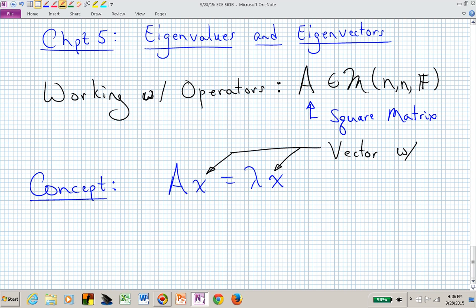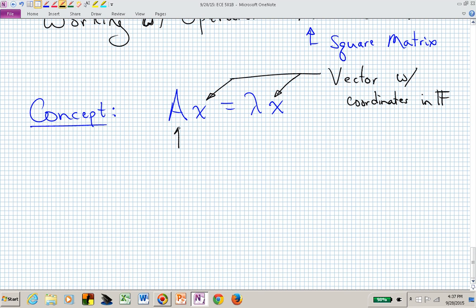X is a vector with coordinates, and a lot of times we'll say elements, coordinates in our field of numbers F. A is this matrix that has elements in F, and lambda is a scalar that lives in F. This is the concept.